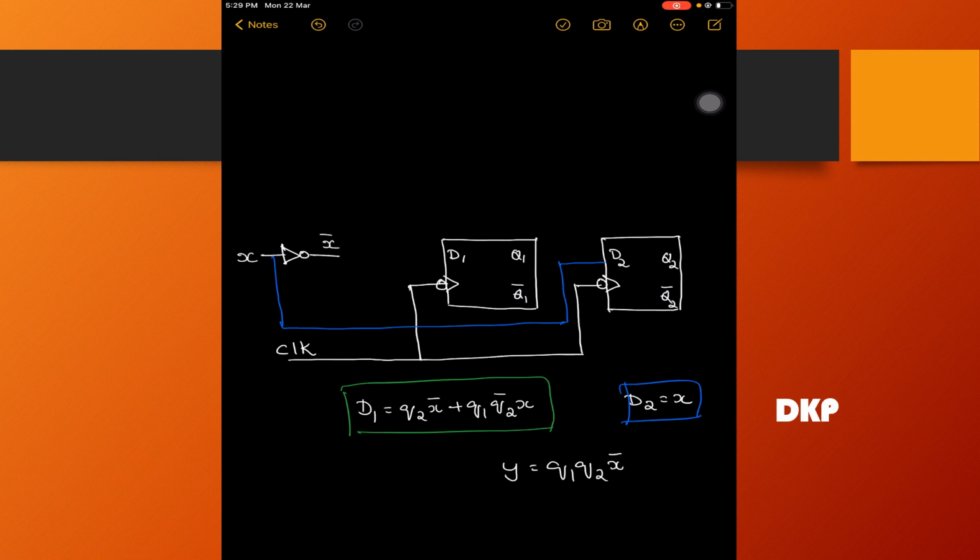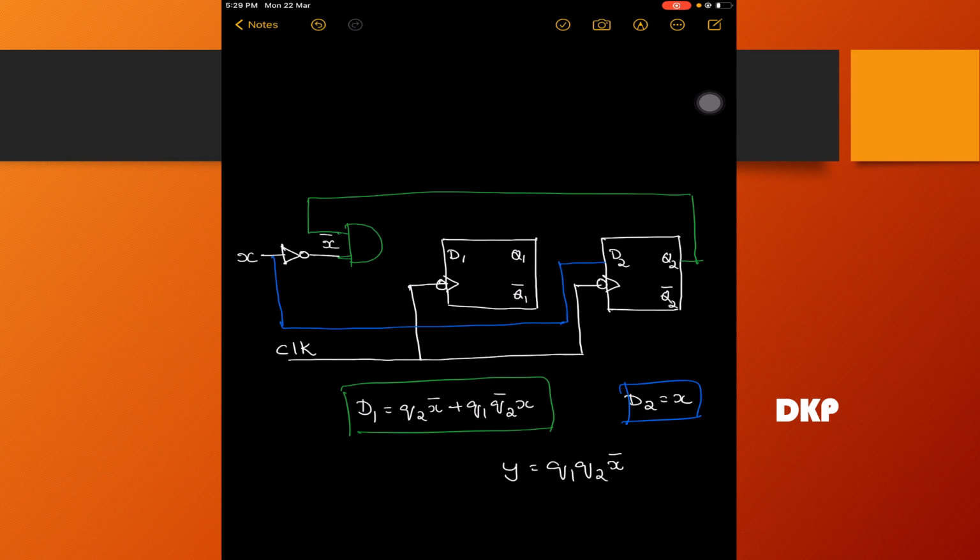First of all, we will draw this Q2 and this x bar, which should be given as input to an AND gate in order to get Q2 x bar.